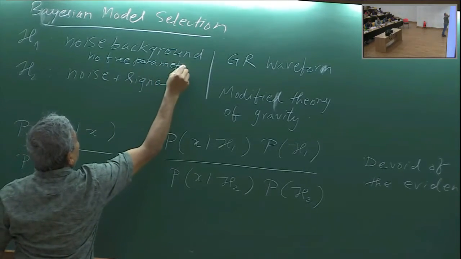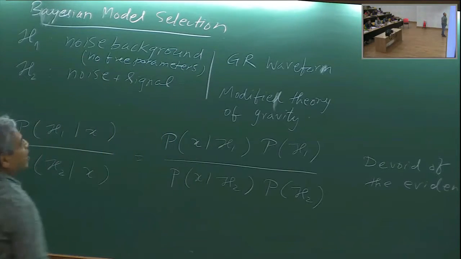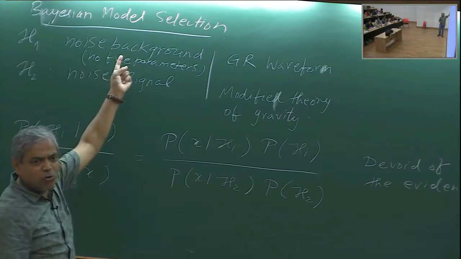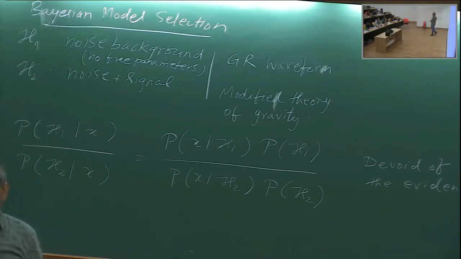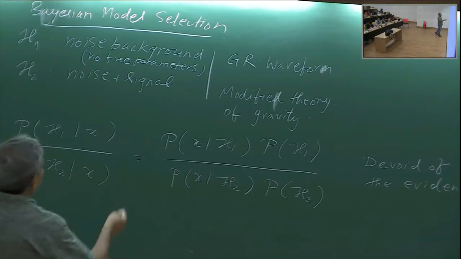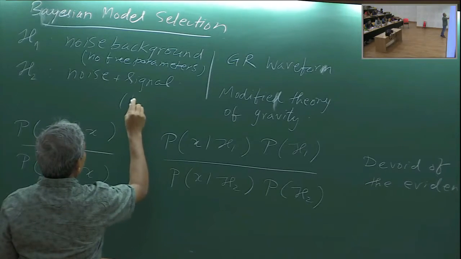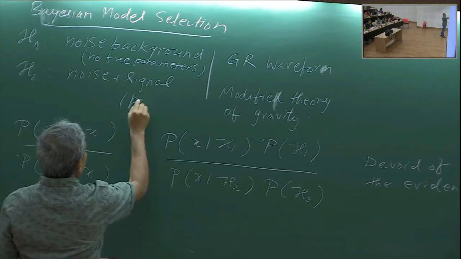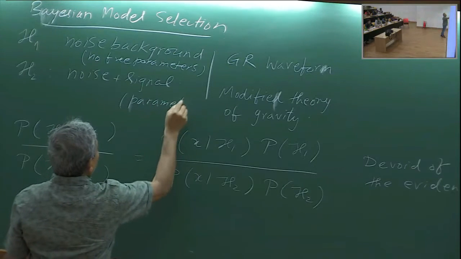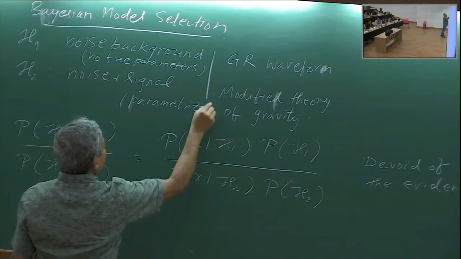The noise model is known completely, and it is characterized by the noise power spectral density and its statistical properties, whether it is Gaussian distributed or a modified Gaussian. There are no free parameters there, and we assume that there are no free parameters. Whereas when we look at the signal model, it does contain some parameters. Parameterized signal model.